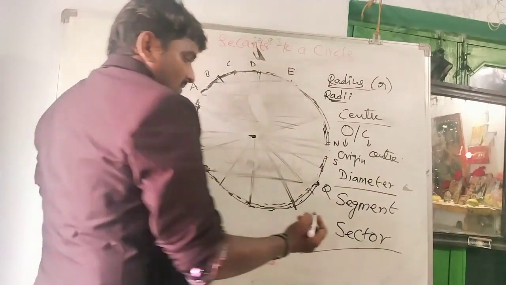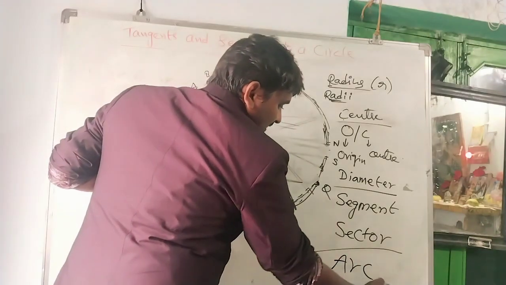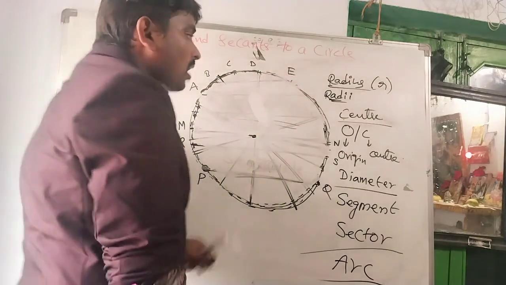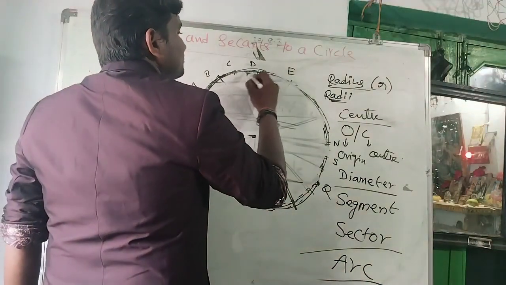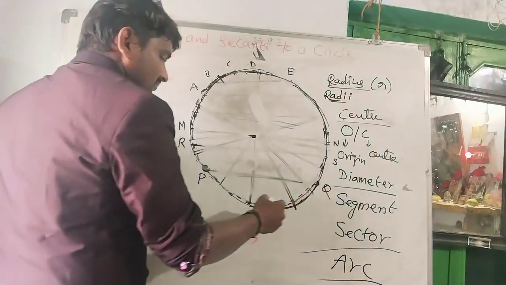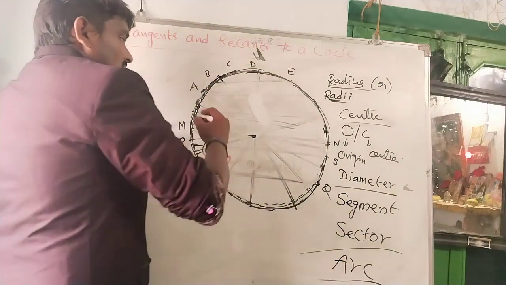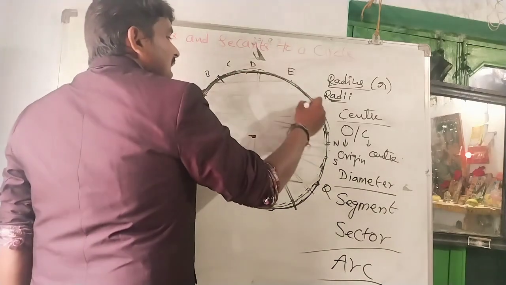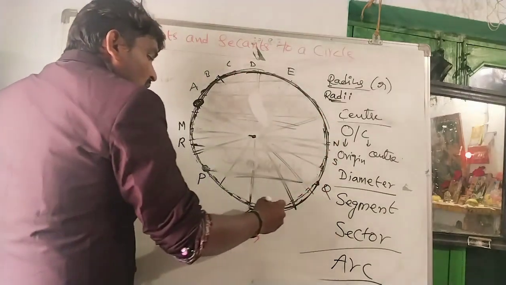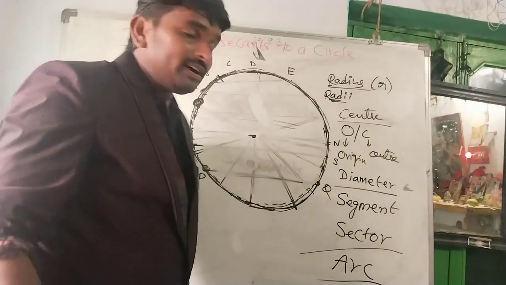Okay, we should know about one thing first, that is the arc actually. What is this? Circle. If you find the total length around the circle, did you get my point?